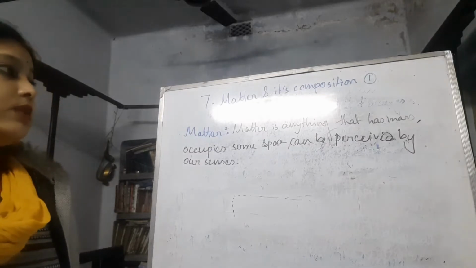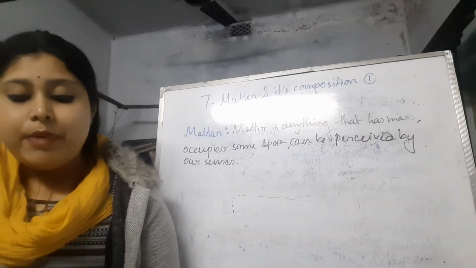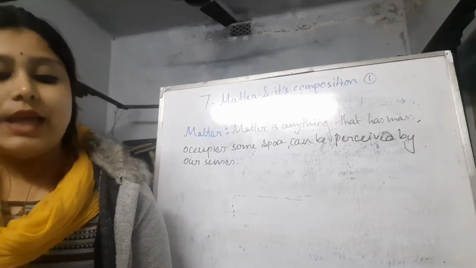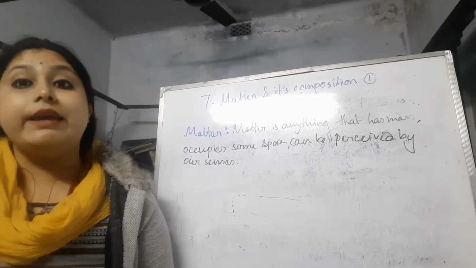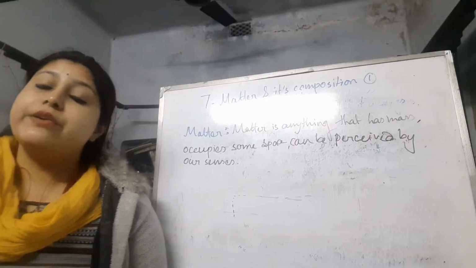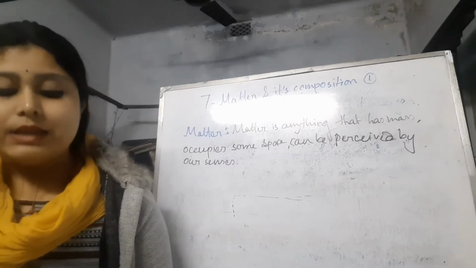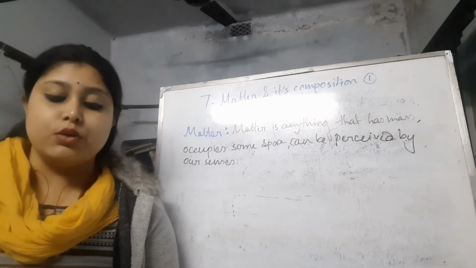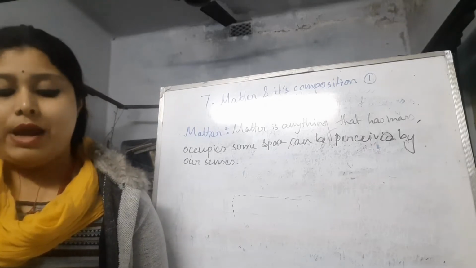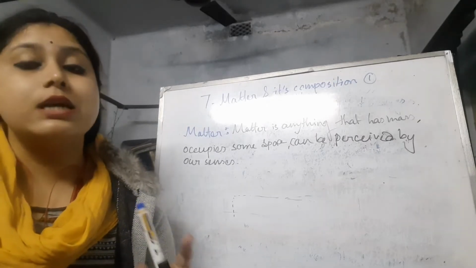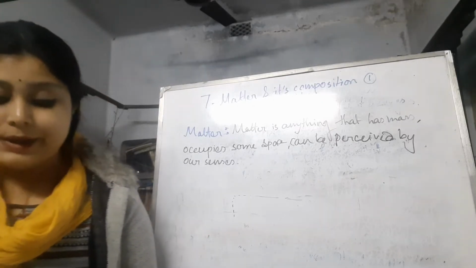By these sense organs you can touch and feel matter. So matter is not only what we can touch, we can also feel things like air. We can feel air by our skin, so it is also matter. Water, sugar, alcohol, milk, gold, coal, hydrogen, oxygen, rocks, all are matter because they occupy some space.